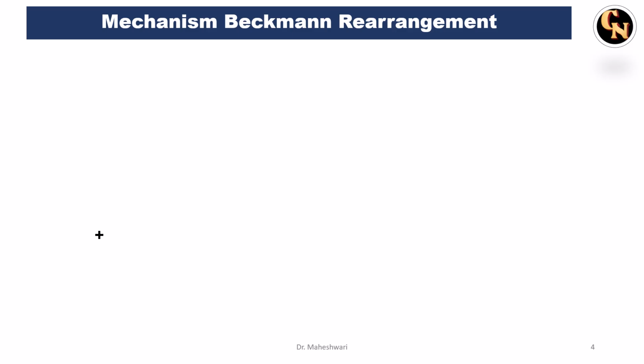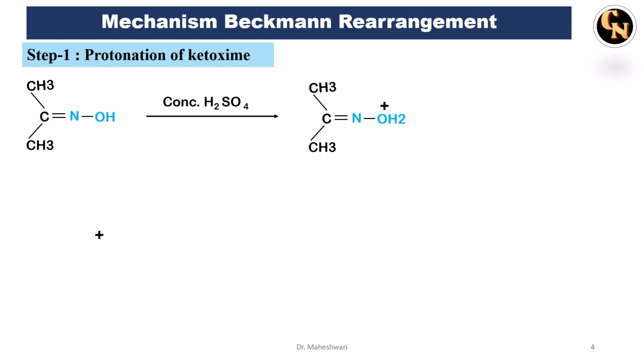So the first thing we are going to do is the protonation of the ketoxime. Here we have taken the example of a ketoxime, CH3, CH3, double bond NOH. In the first step, the lone pair of oxygen grabs a proton and gets protonated.